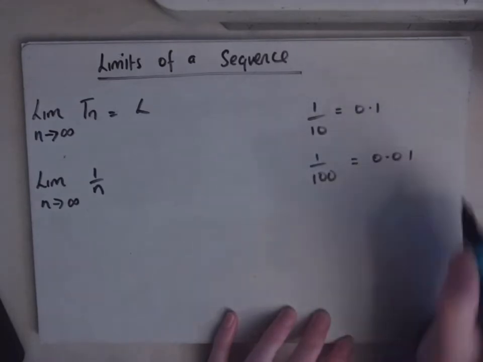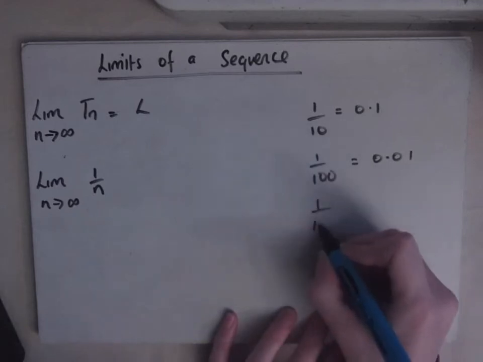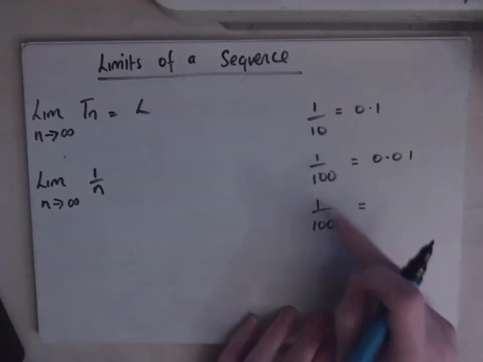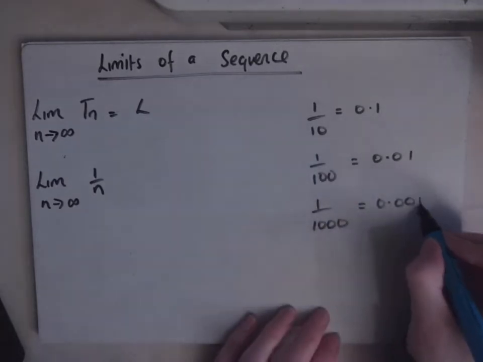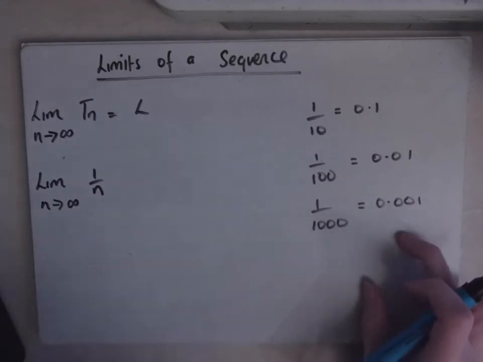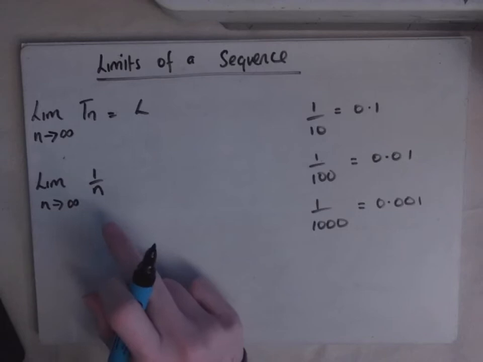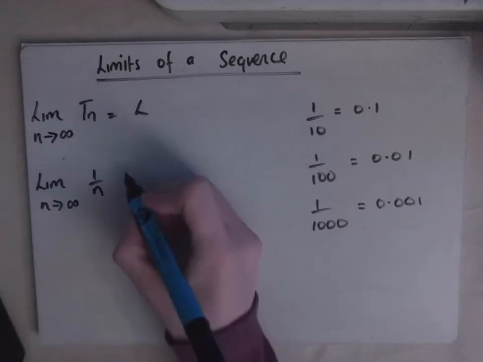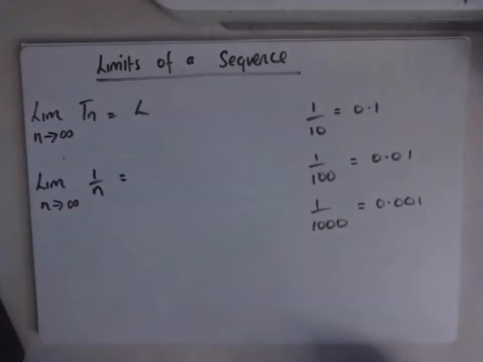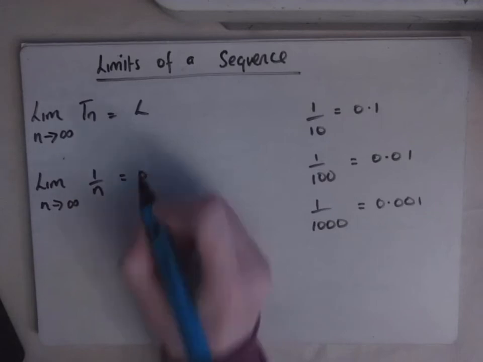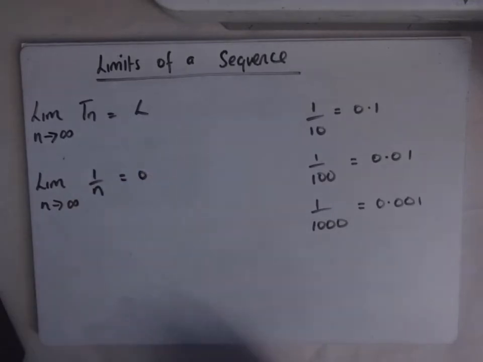That's 0.01. Okay, 1 over 1,000. As the bottom number is getting bigger, my answer is getting smaller. So as n gets bigger, 1 over n is getting closer and closer to 0. Okay, so the limit of 1 over n as n tends to infinity is 0.